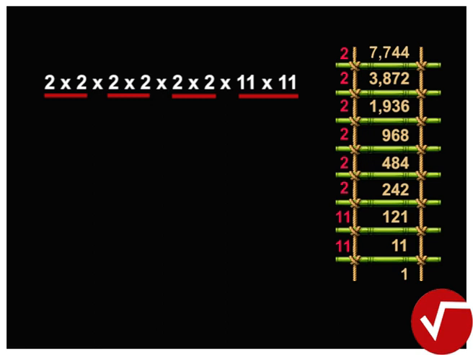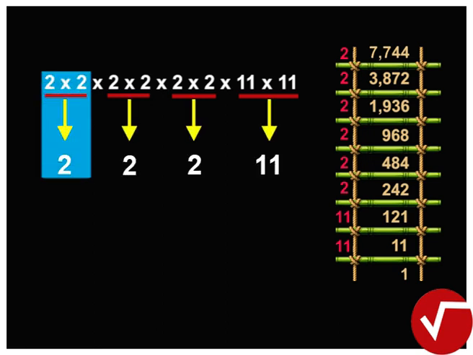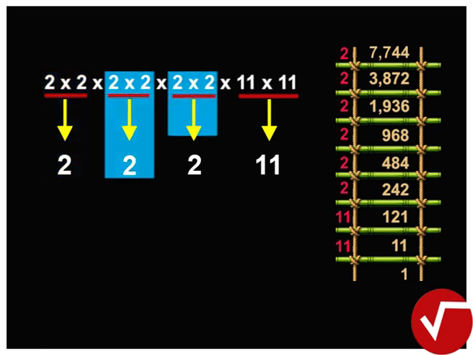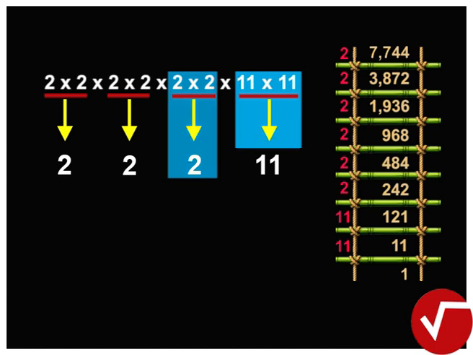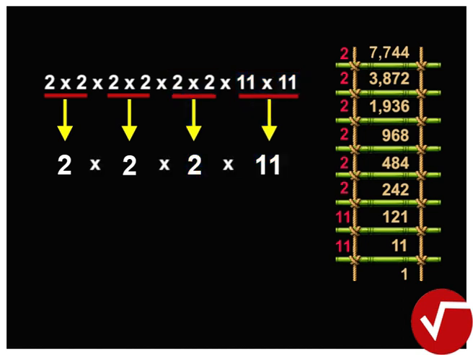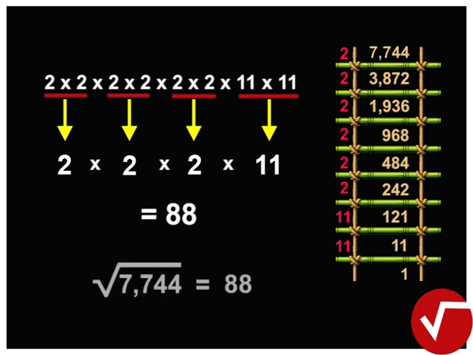We will take one prime number from each pair: 2 from the first pair, 2 from the second pair, 2 from the third pair, and 11 from the fourth pair. Then multiply these numbers, that is 2 times 2 times 2 times 11, and we will get 88. Therefore, 88 is the square root of 7744.